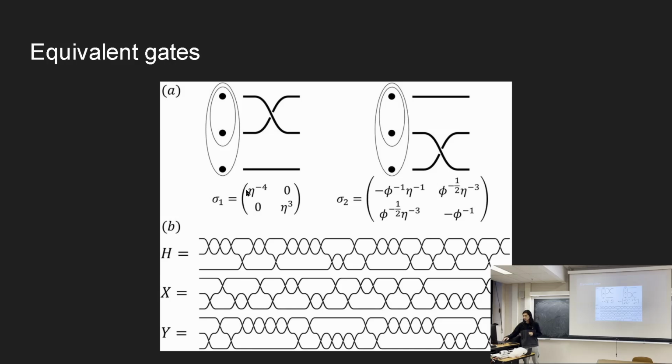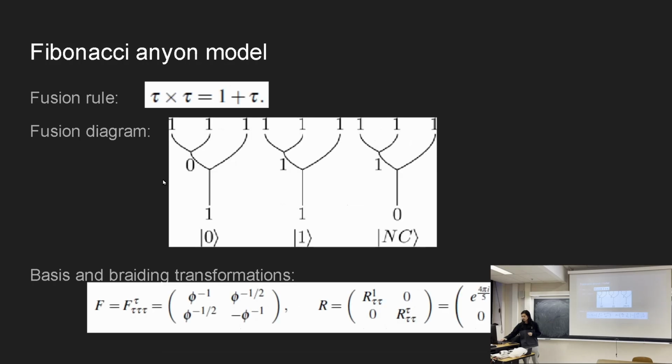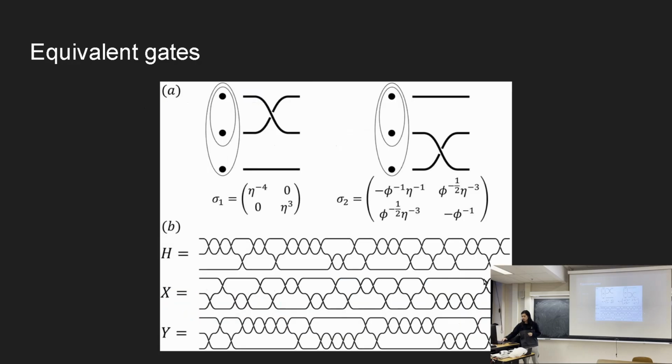The symbol here is e to the 3 pi i over 5. And then here you apply one after another. So you change the basis first and then you swap it. And then here is the equivalent quantum gate.